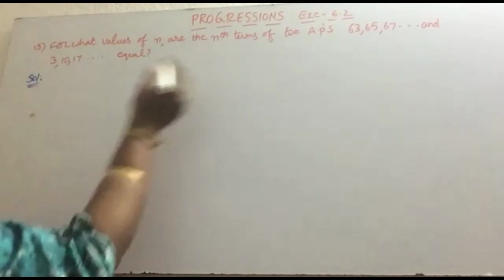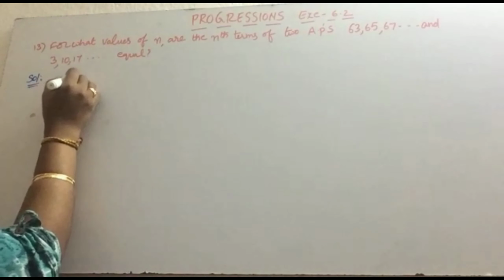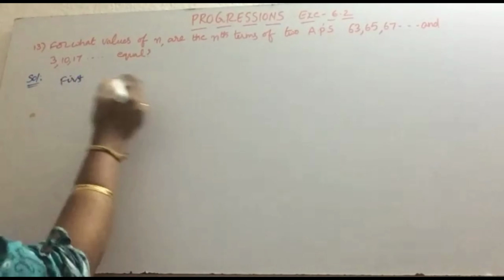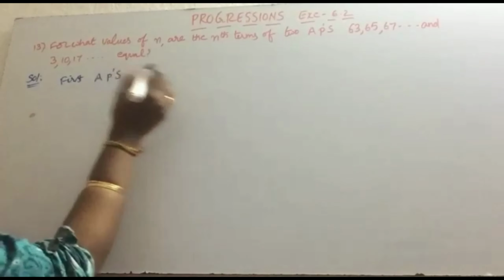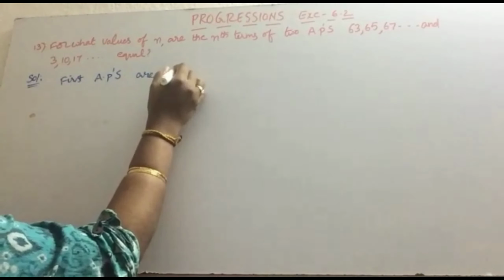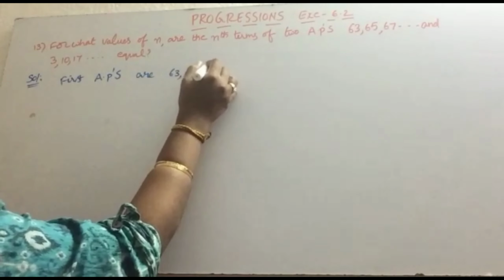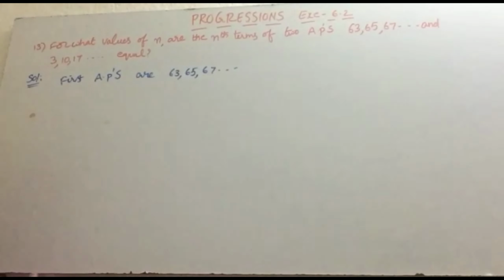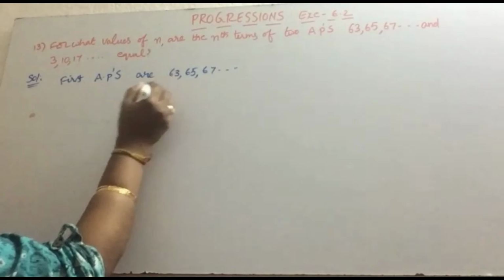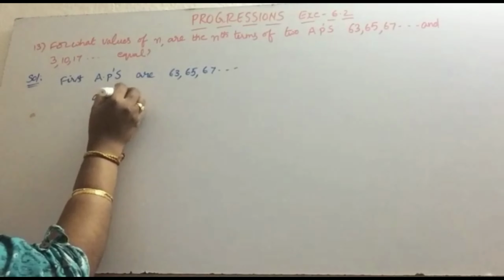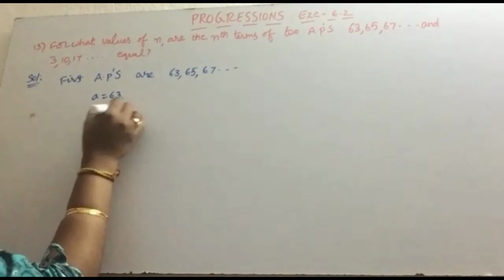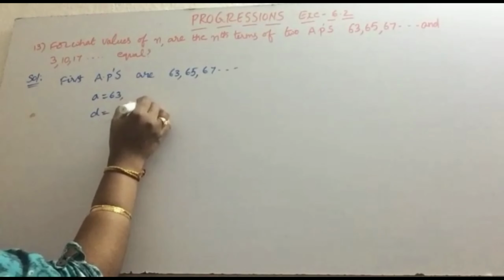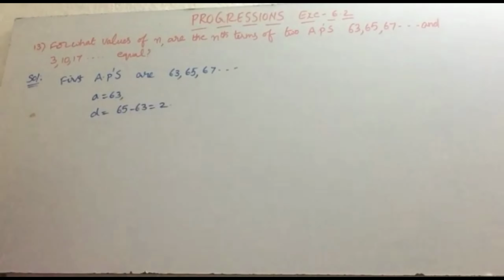So now first, the APs are 63, 65, 67. Here A is equal to 63 and D is equal to 65 minus 63. The common difference is 2.